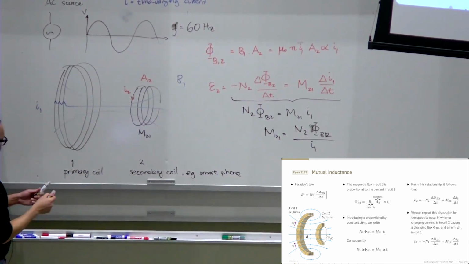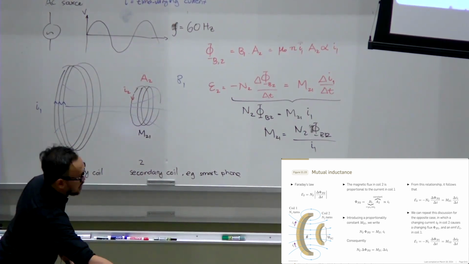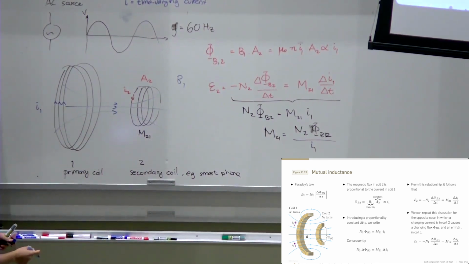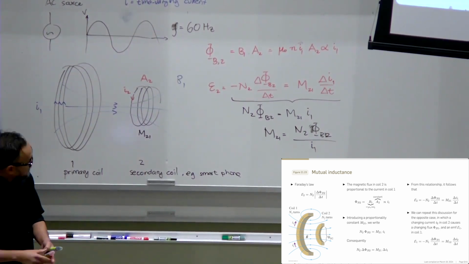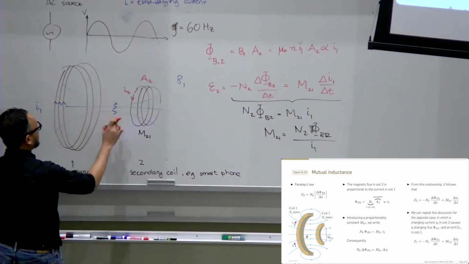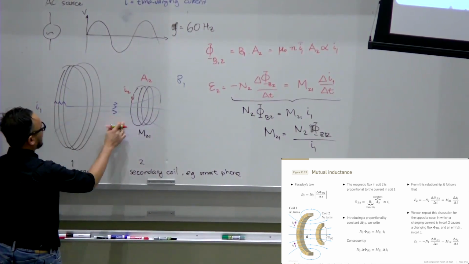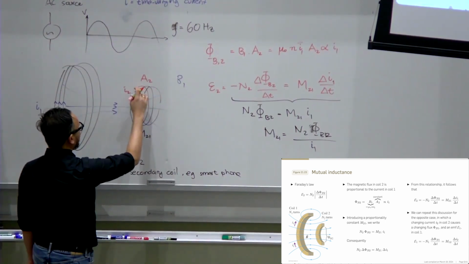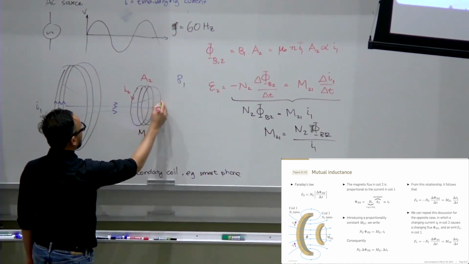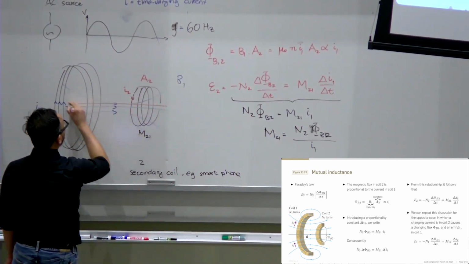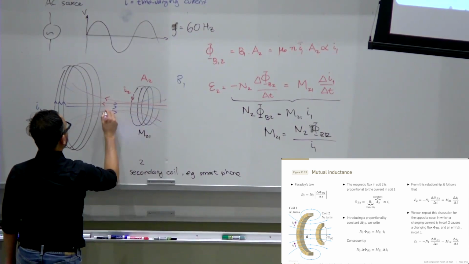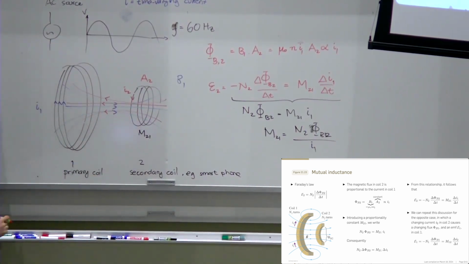Let me explain a little bit about that. Coil 1 generates a magnetic field, and because the current changes over time, it induces an EMF, and because the coil has resistance, it induces currents. These currents generate magnetic fields that oppose the first magnetic field.